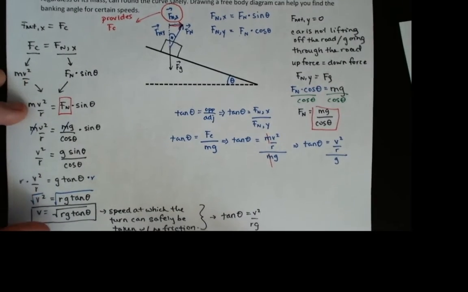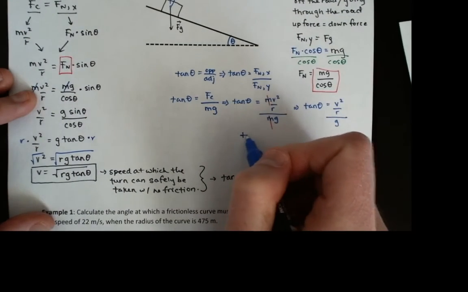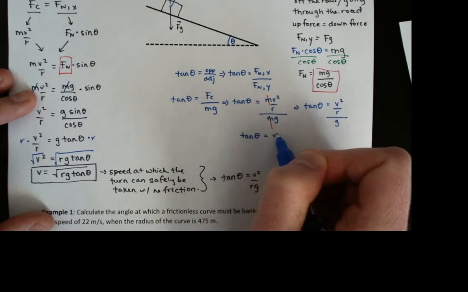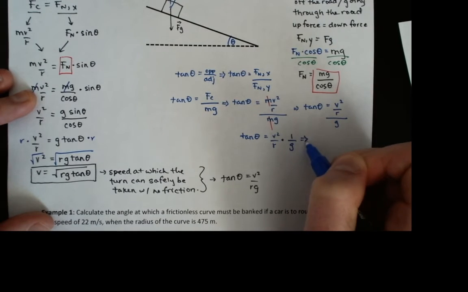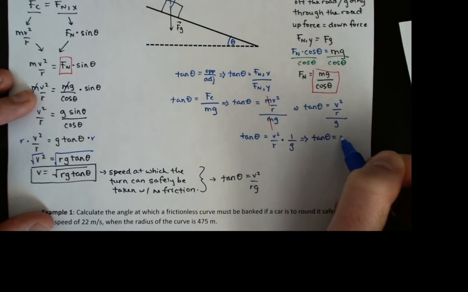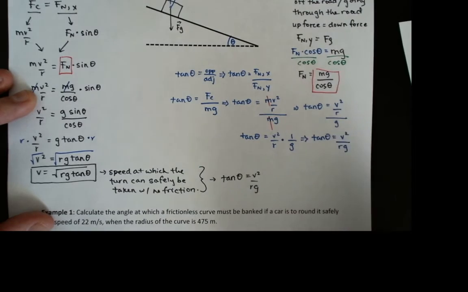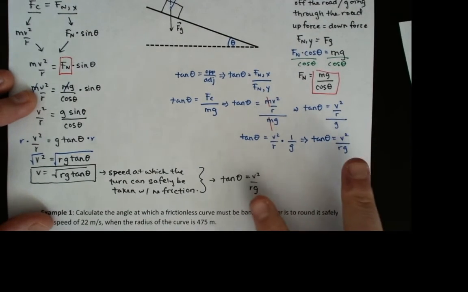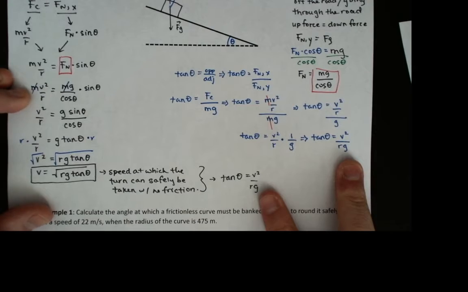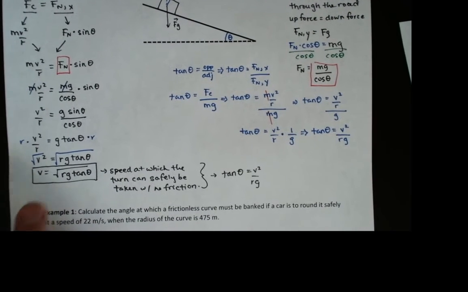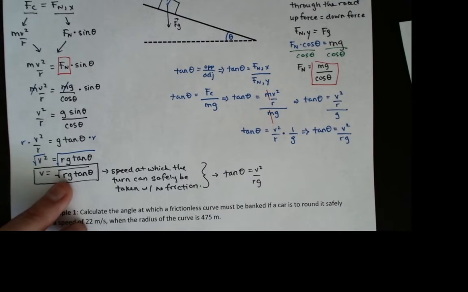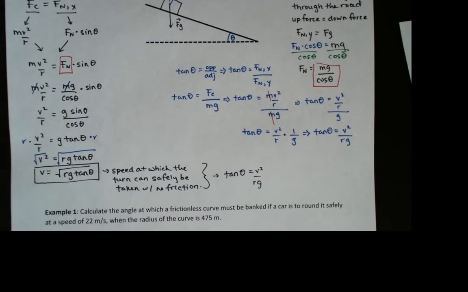Now when you're dividing by g, it's like multiplying by the inverse. Which gives us tan theta is equal to v squared over rg. Okay, these are exactly the same, just two different ways of getting to the same conclusion. So this v represents the speed that you could safely take a turn with whatever radius banked at whatever angle.